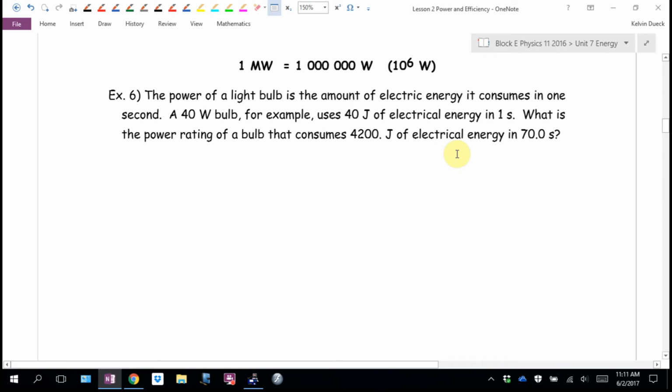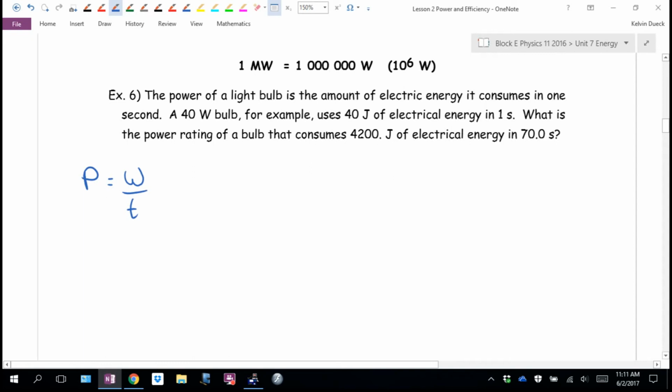Example 6. The power of a light bulb is the amount of electrical energy it consumes in 1 second. So a 40-watt bulb uses 40 joules in 1 second. What's the power rating of a bulb that consumes 4,200 joules of energy in 70 seconds? Brian, what does this question want me to find? Well, power is work over time.